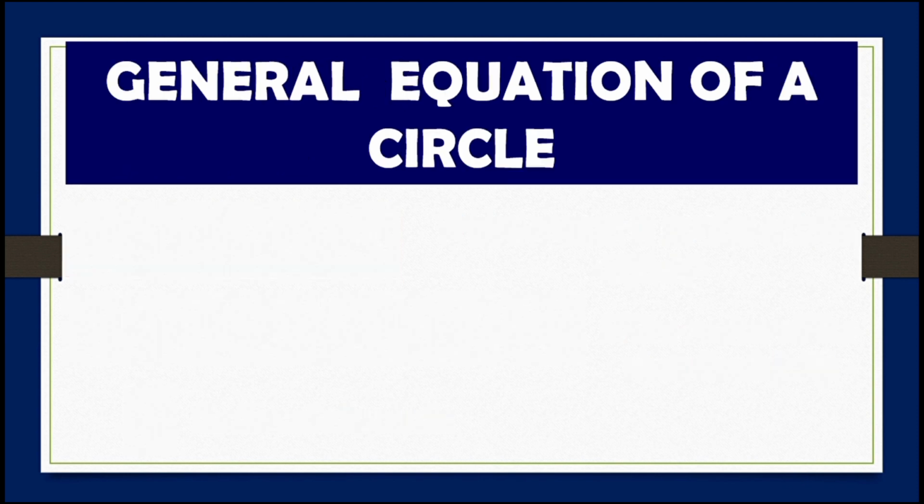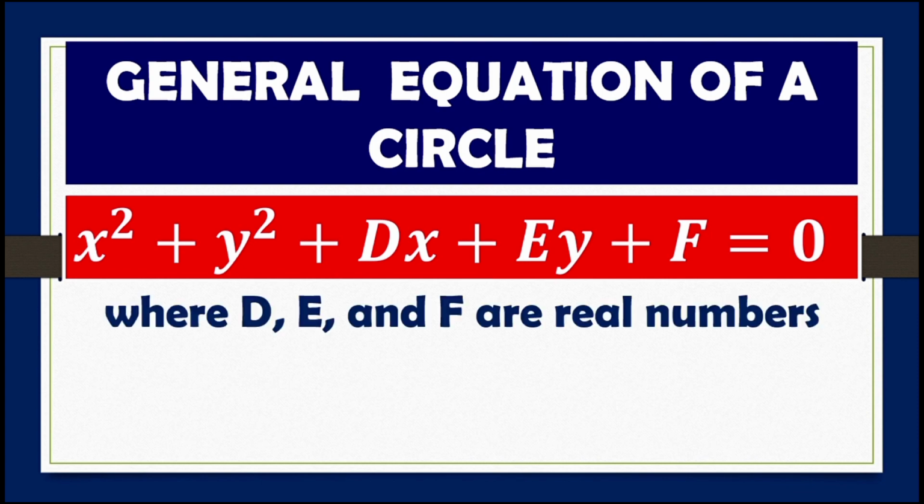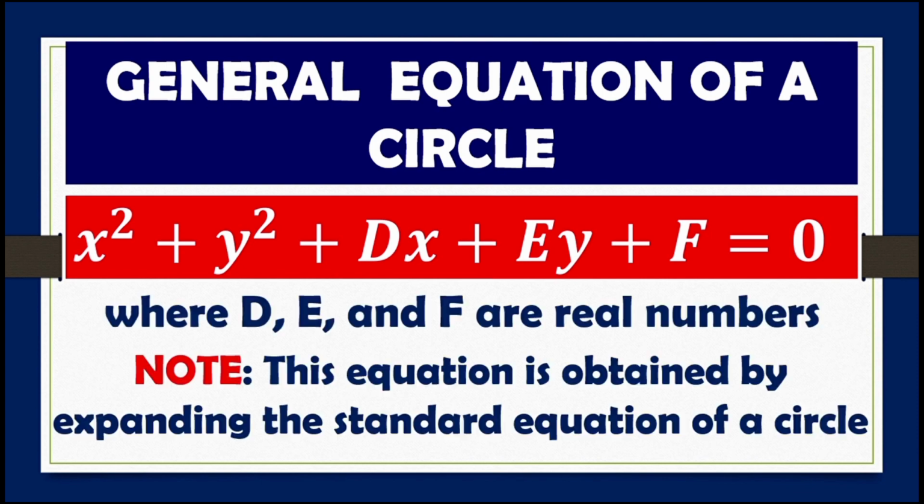On the other hand, the general equation of a circle is written as x squared plus y squared plus dx plus ey plus f equals 0, where d, e, and f are real numbers. Please take note of this one. This equation is obtained by expanding the standard equation of a circle.